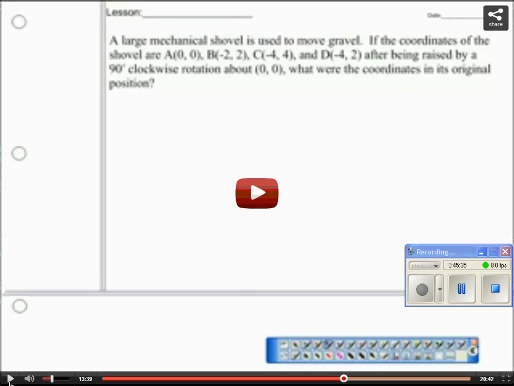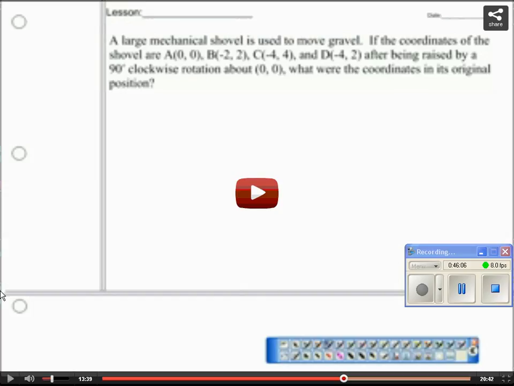If you're rotating around the origin, is that point ever gonna move? No, it just stays right there. These are the originals. What's the B gonna be? If we flip them around, you got negative 2, and what's gonna happen to the second one? Make it a positive, because you do the opposite, right? Is that right?